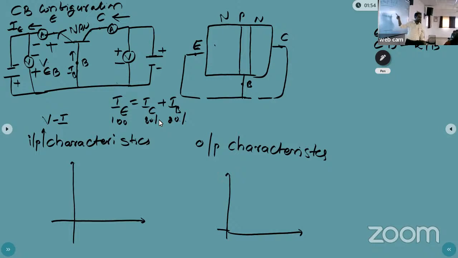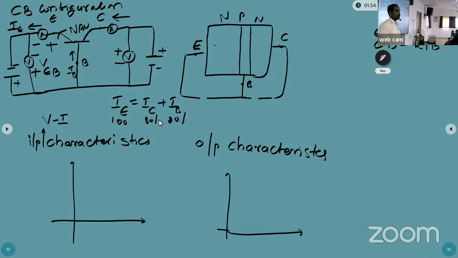So the total current IE is equal to IC plus IB. That is the current equation for the transistor in any configuration, common emitter, common base, common collector. The expression is common for a PNP transistor also. Next, that is the working connection diagram of common base configuration.